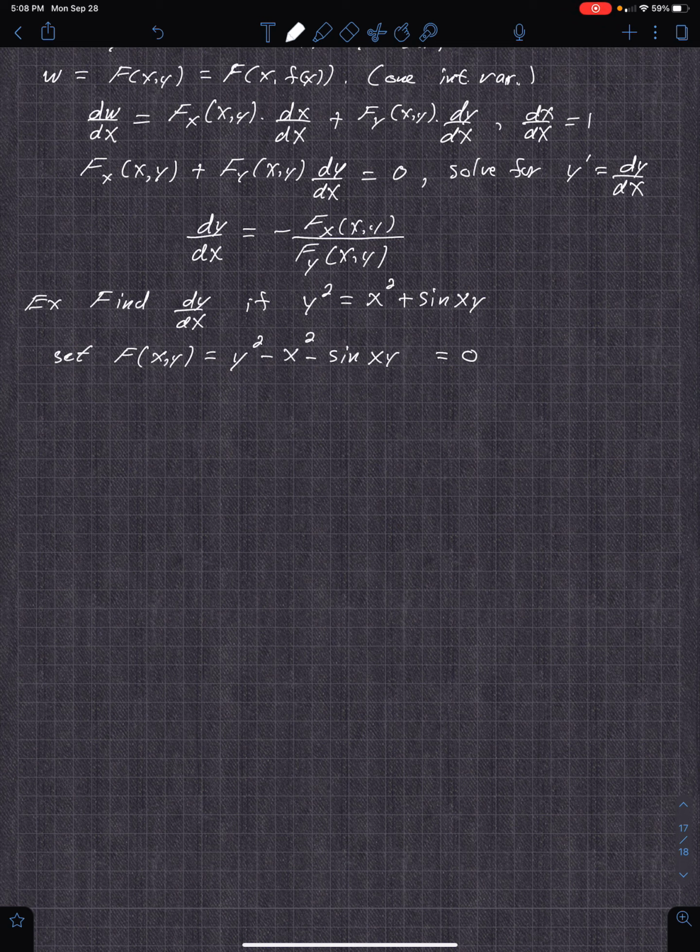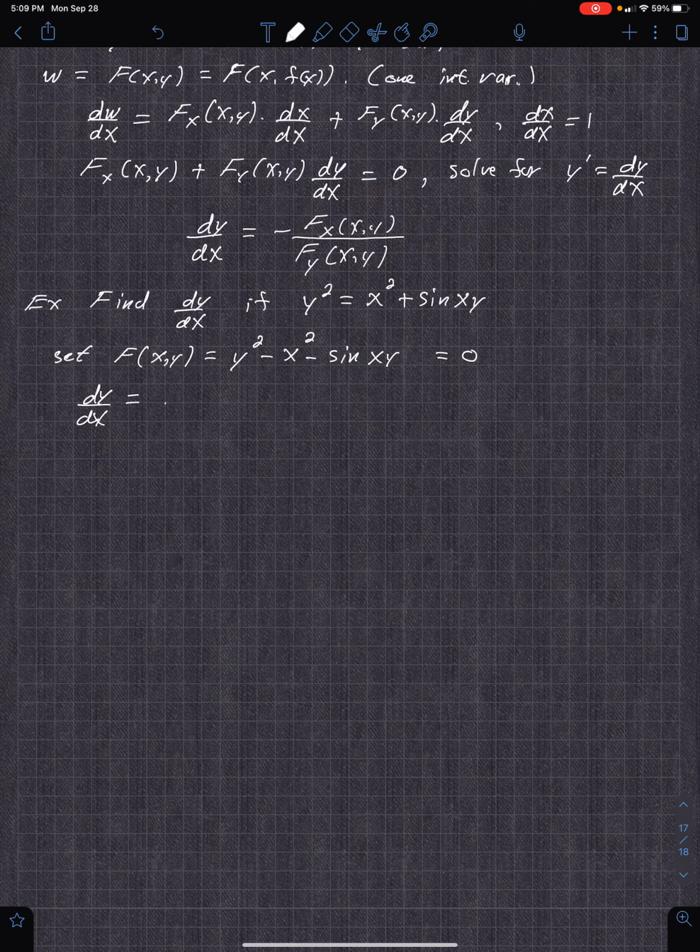Now, that's your capital F set equal to 0. So now do those partials independently and see what you get. So now you say dy dx is equal to, and then calculate this, and what do you get? So try it. Okay, so calculate this, and then compare above.